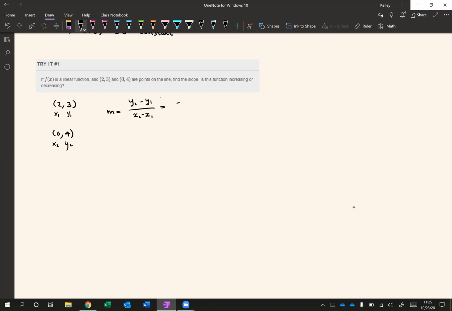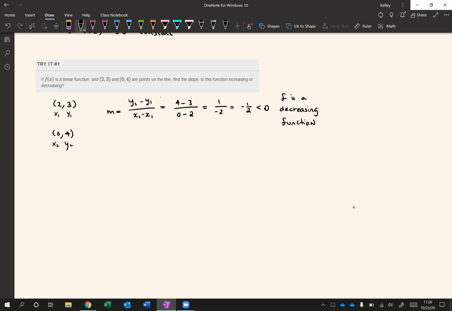So that's going to give me 4 minus 3 over 0 minus 2, 1 over negative 2, or negative 1/2. And this tells me, since negative 1/2 is less than 0, that this is decreasing. So we'd say f is a decreasing function.